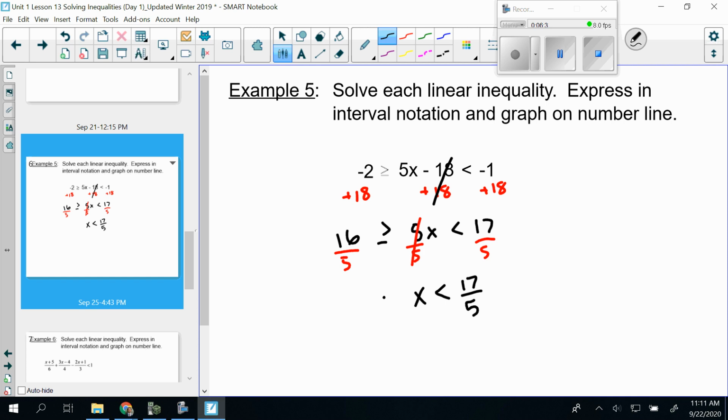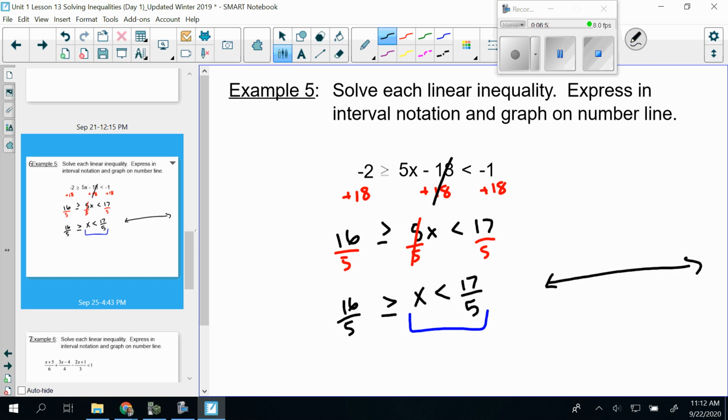And on the left side there, we got 16 fifteenths. What is this one going to end up looking like here? Well, let's interpret what the graph's saying. This is all the stuff less than 17 fifths.